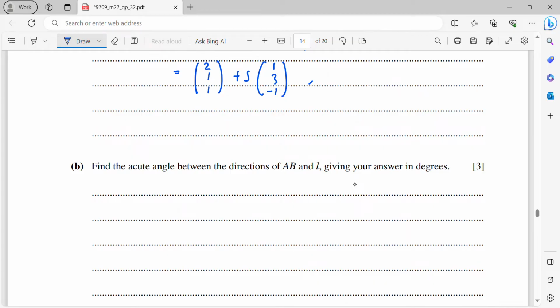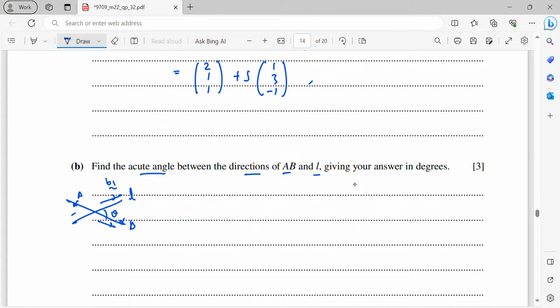Now part B, find the acute angle between the directions AB and L, giving your answer in degrees. Let's say this is the line L, and this is the line AB. We want the angle here, the acute angle. For the line L, we have b1.